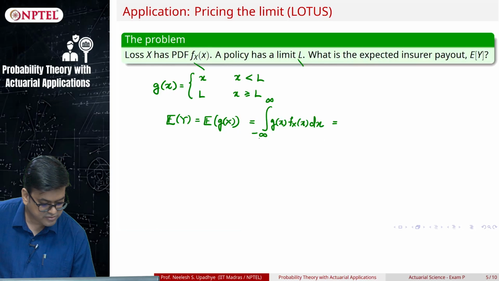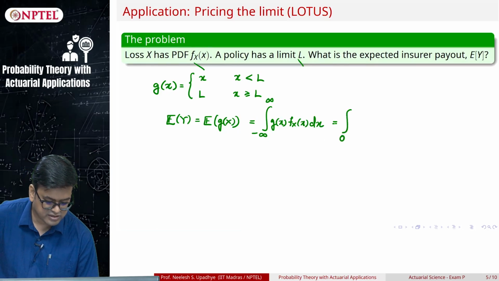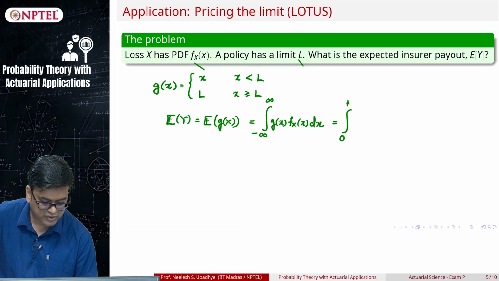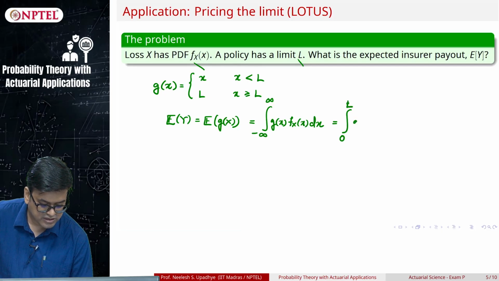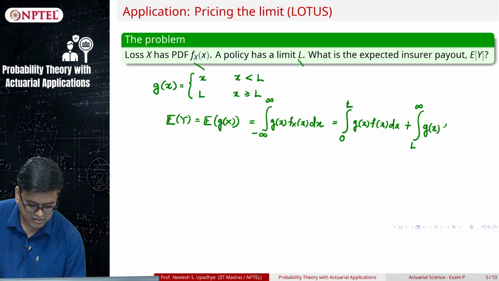That is what we need to do. Minus infinity is irrelevant, so it will be the integral from 0 to L of g(x) f(x) dx plus the integral from L to infinity of g(x) f(x) dx.